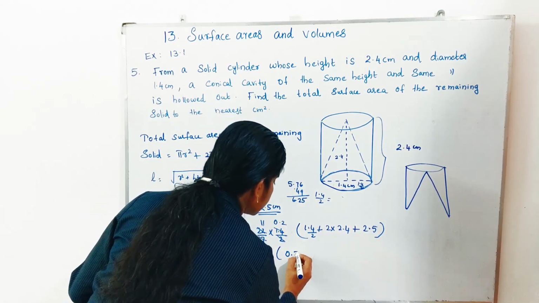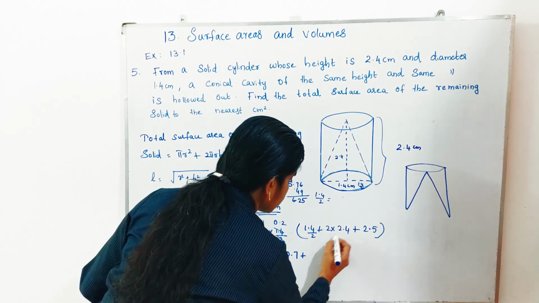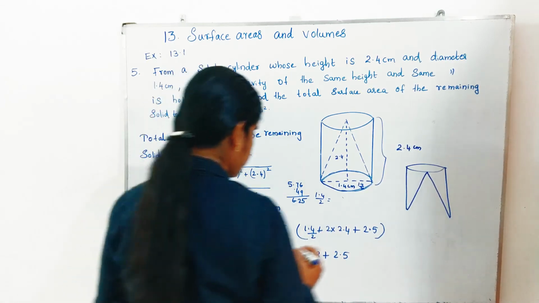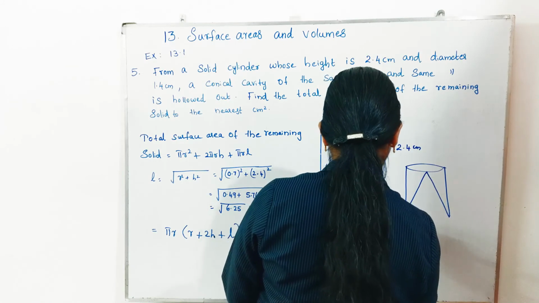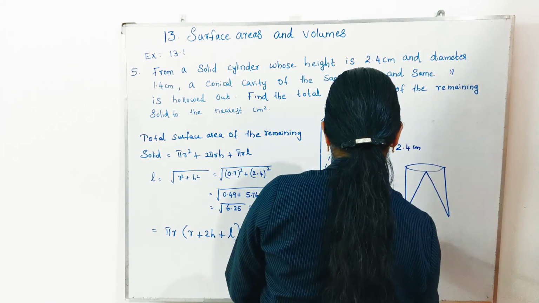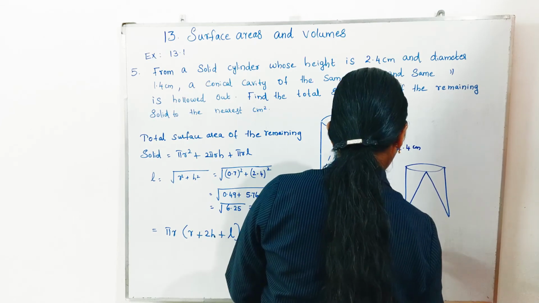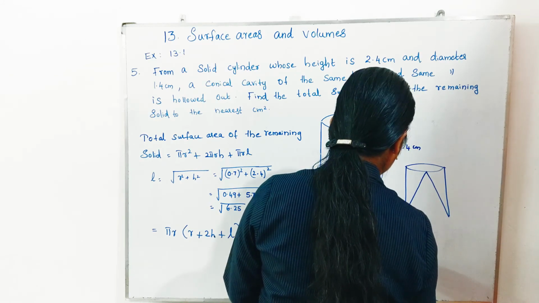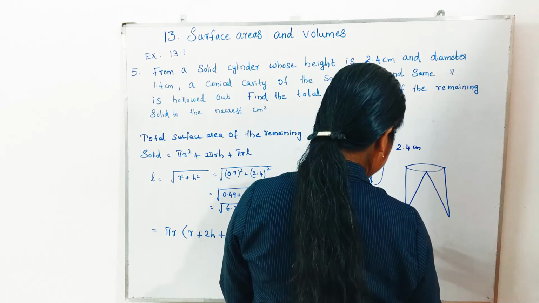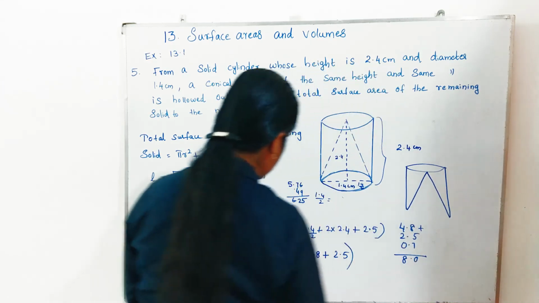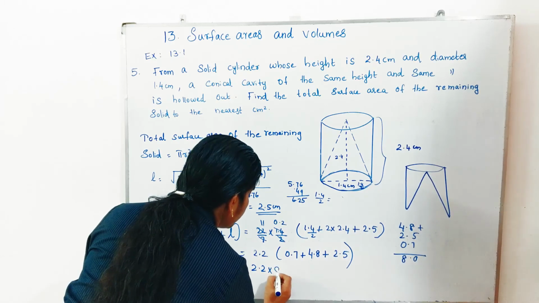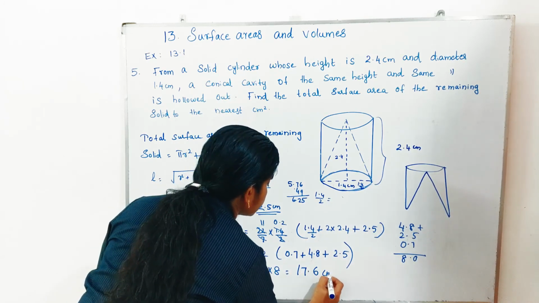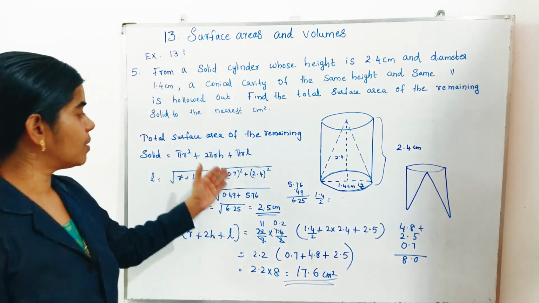Here 0.7 plus 4.8 plus 2.5. That is 2.2 into 8. 17.6 centimeter square will be the area of the remaining solid.